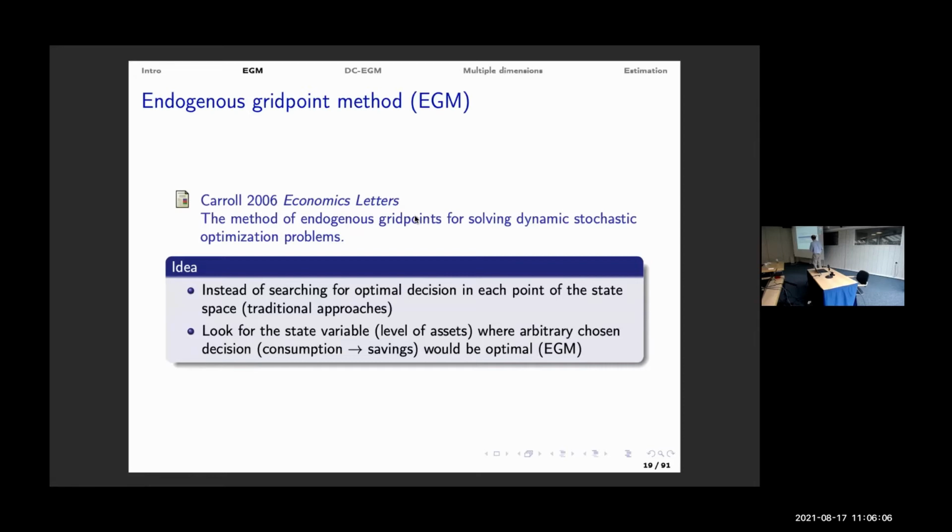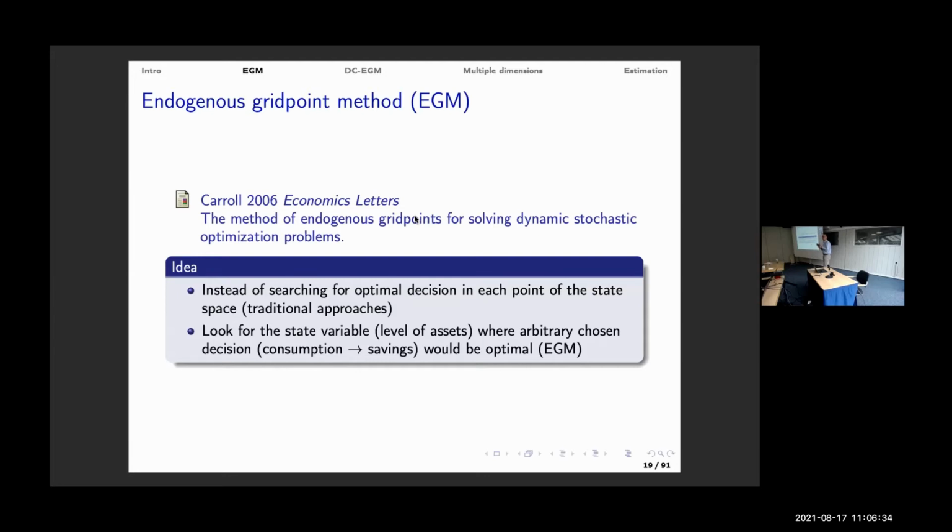Okay, so the endogenous grid point method, due to Carroll 2006. The main idea of the method is that we're turning this solver around. So instead of searching for the optimal decision in each point of the state space, as we did with all previous methods, we look for the state variable, the level of wealth, where some chosen decision that we come up with turns out to be optimal.